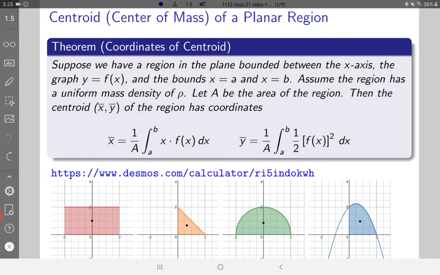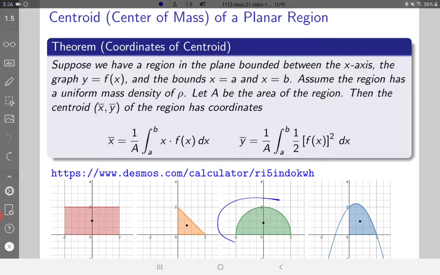But for some more, let's say, exotic examples where the boundaries of the region are curved like these, as opposed to straight line rectilinear boundaries like the rectangle and the triangle, the situation is a little harder to predict.